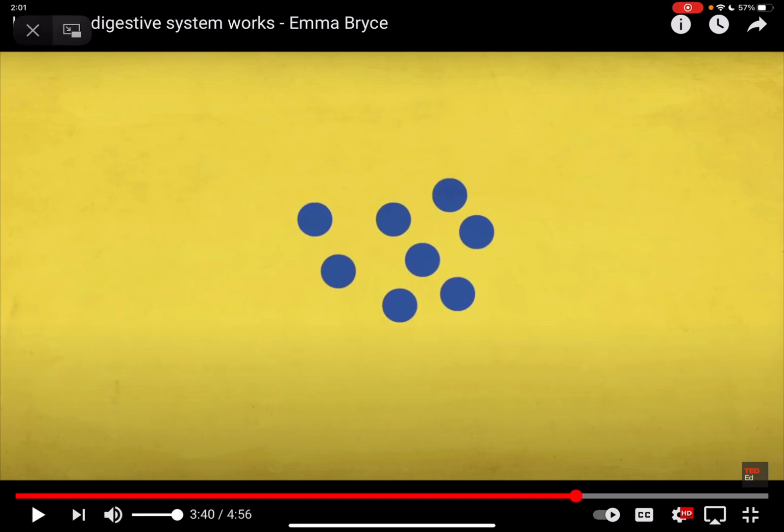So those last 15 seconds are really the most important part of this video. Basically, what's going on in the small intestine. This is where you're breaking down the large molecules of your food into their smaller parts, aka the monomers. So with the exception of your saliva, where you start to break down starch into glucose, and the stomach, where you start to break down proteins into amino acids, most of your enzymatic digestion occurs in the small intestine.